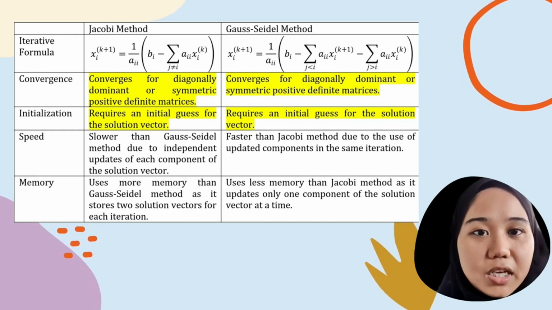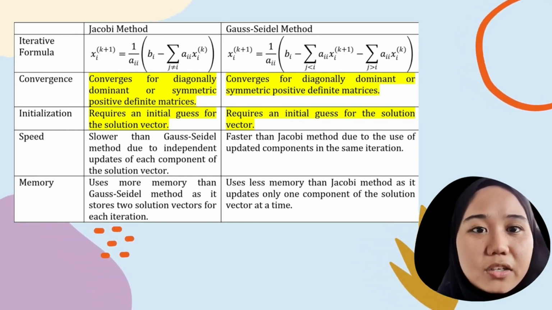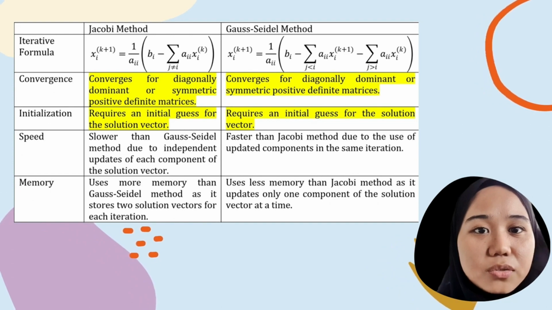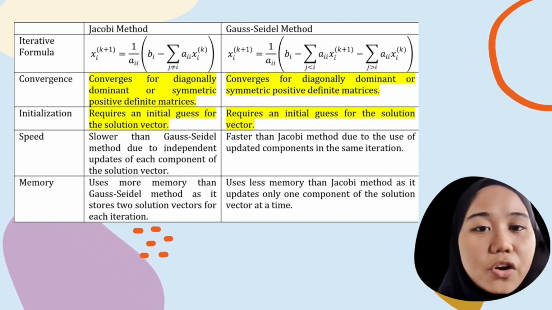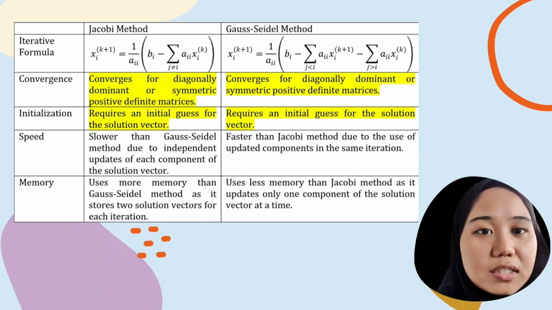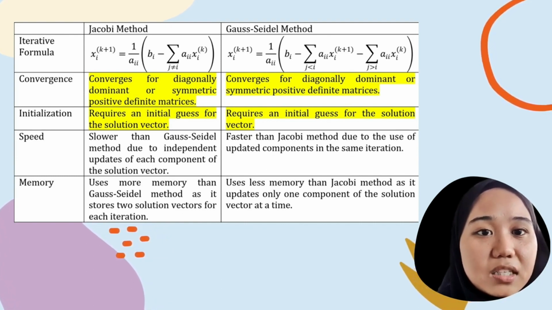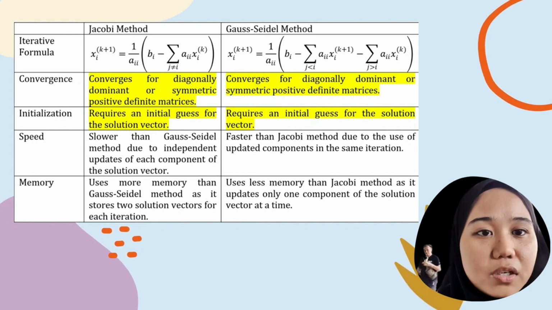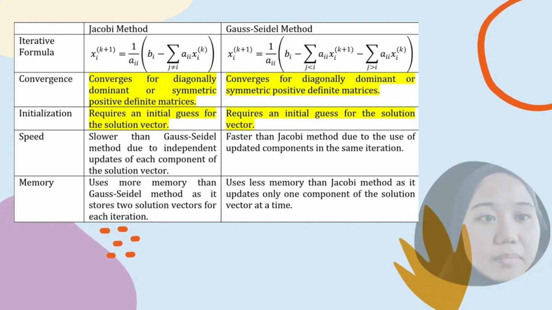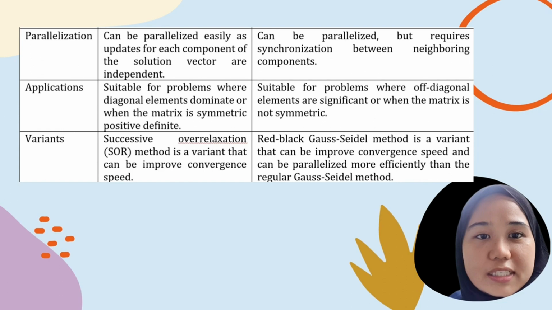The Jacobi method uses more memory than the Gauss-Seidel method as it stores two solution vectors for each iteration. The Gauss-Seidel method uses less memory as it updates only one component of the solution vector at a time. Next comparison is the parallelization.